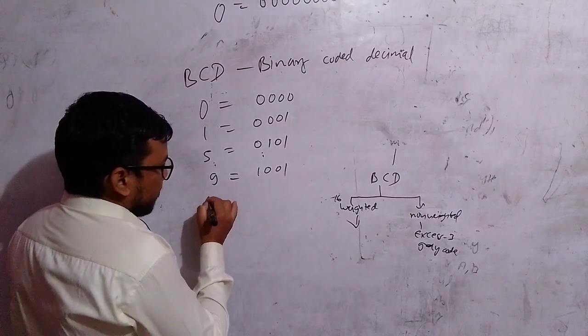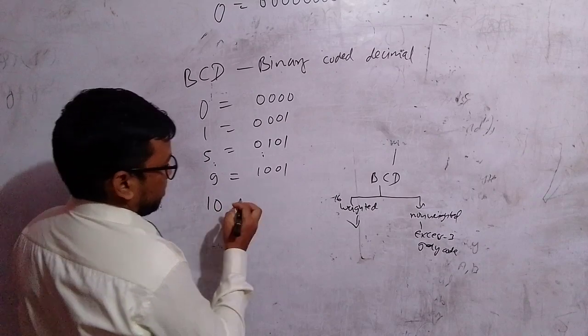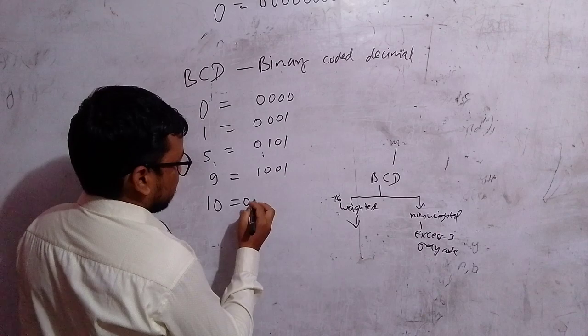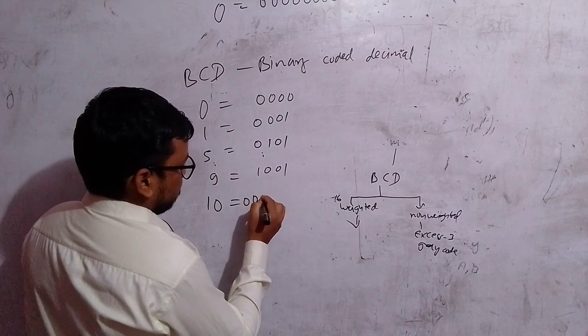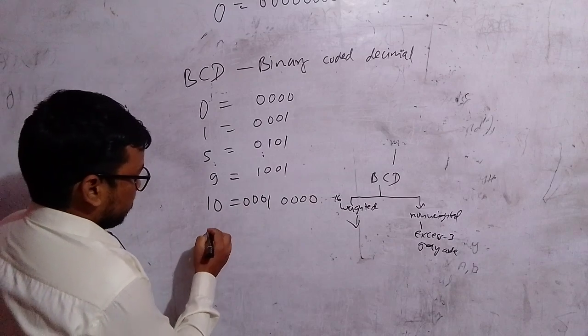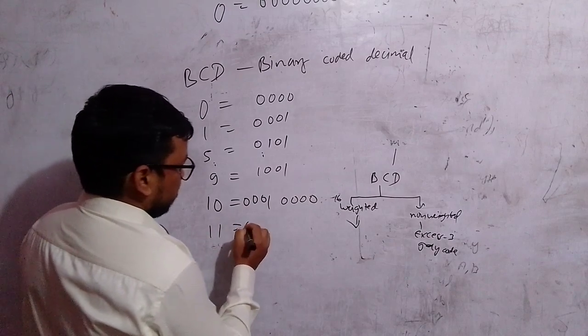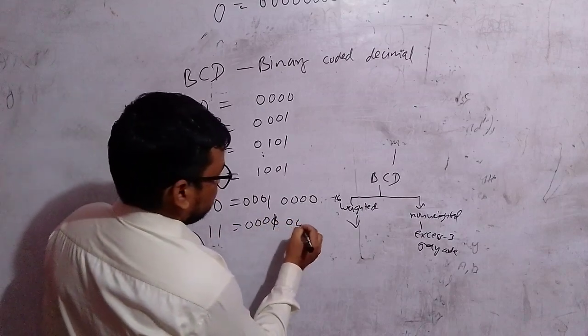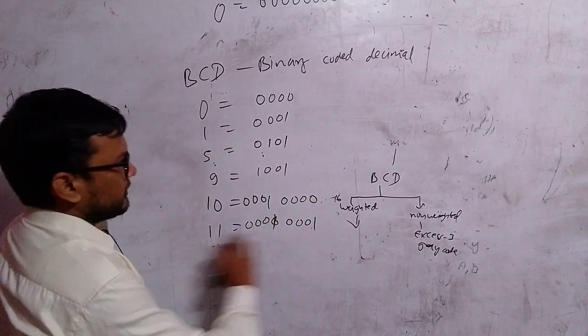But if it becomes 10, then each digit is represented by 4 bits: 0001 0000. In this way. And how to represent 11? 0001 for 1, and another 0001, and so on.